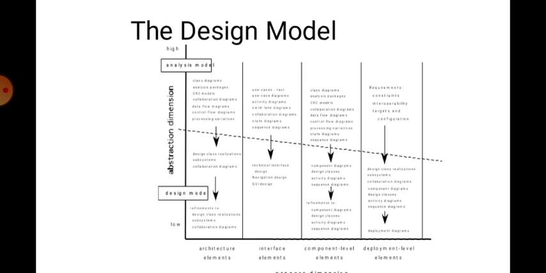So students, analysis is always at a high level of abstraction and design is always at a low level of abstraction. This model is called the dimensions of the design model. You can learn more as we proceed through this topic.